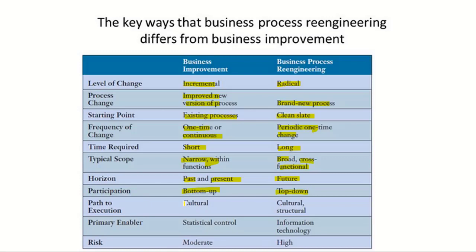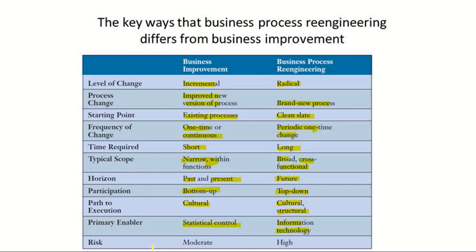In terms of path to execution, business improvement is cultural, while BPR is both cultural and structural. In terms of primary enabler, business improvement uses statistical control, but BPR uses information technology.